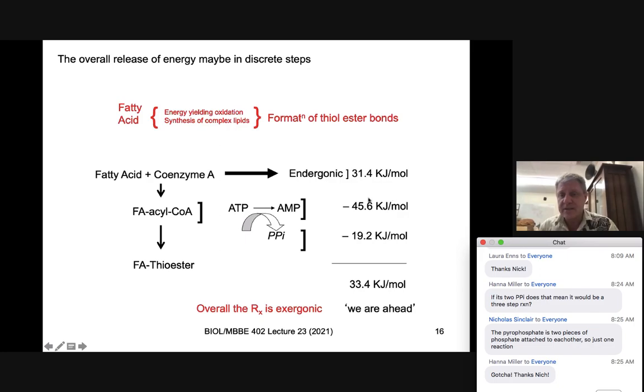So in this case, what we see is a summational event here. These are all negative, and we're going to be basically negative 33.4 kilojoules ahead. So overall, this reaction is exergonic. We're going to be ahead with the amount of energy that we produce. So this is going to be a negative sign.